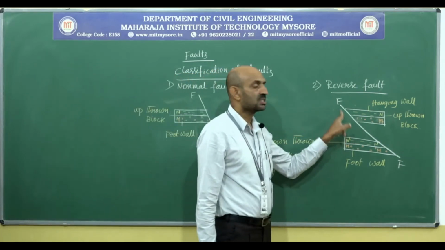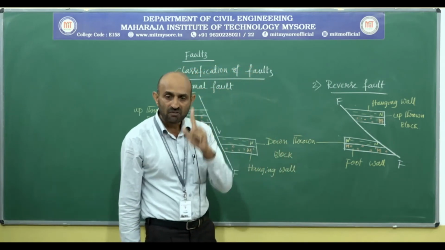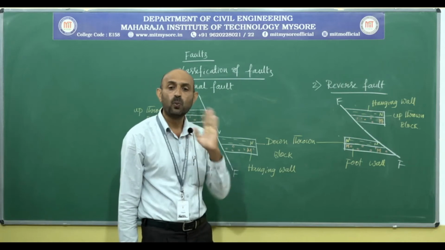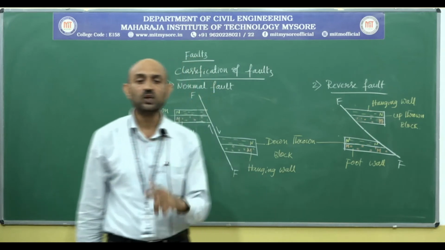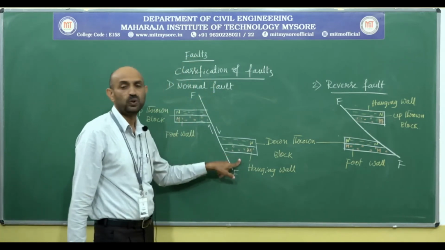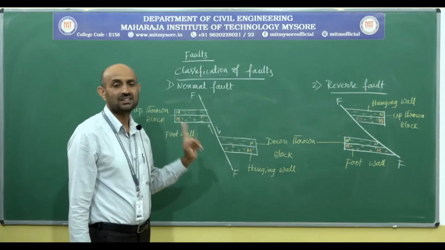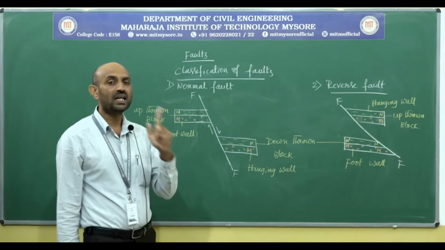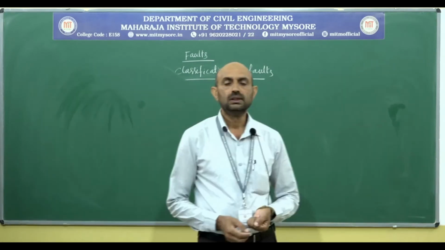The reverse fault is produced by the lateral compressional force. In a reverse fault, the hanging wall displaces upward, while in a normal fault, the hanging wall displaces downward. This is the classification of faults based on the direction of inclination of the fault plane.